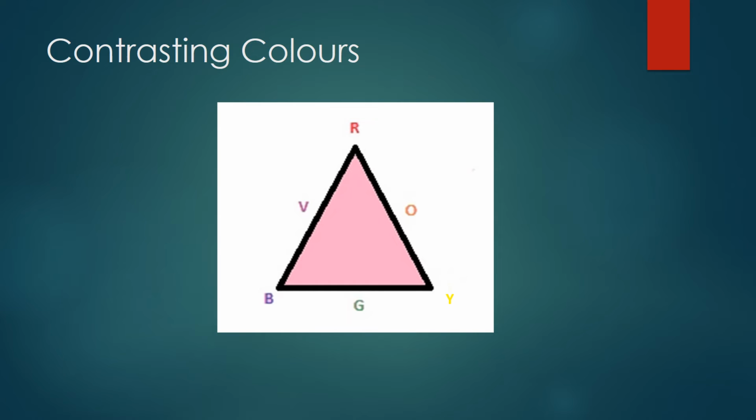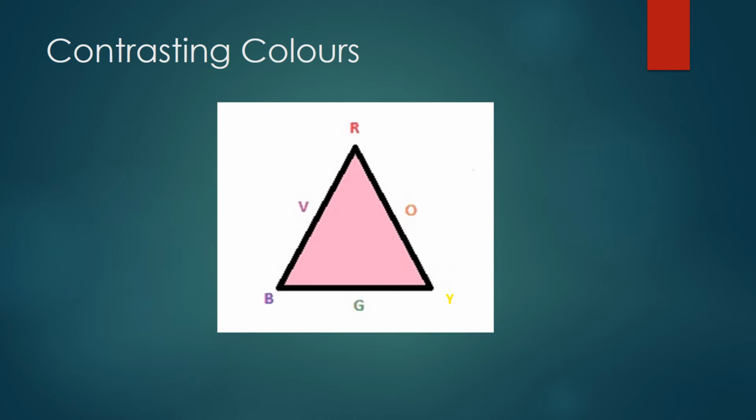Well, where's the indigo gone? Well, for the purposes of this exercise, we can just assume that indigo and violet are very similar colours, so it makes it all equal, and it just gives it a bit of balance. The whole idea is that colours that are on opposite sides to each other on the triangle will complement each other.